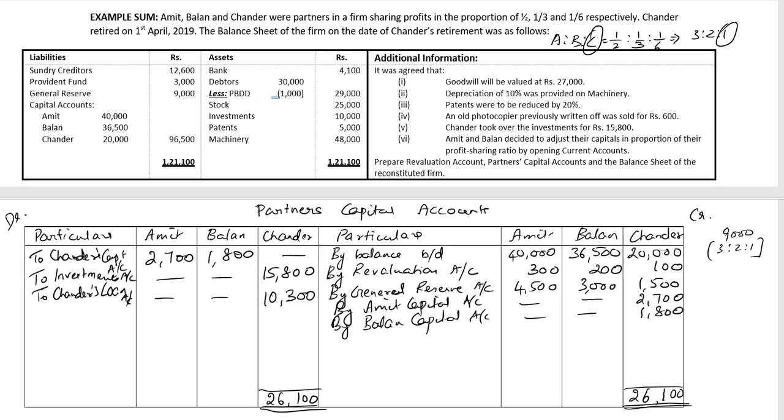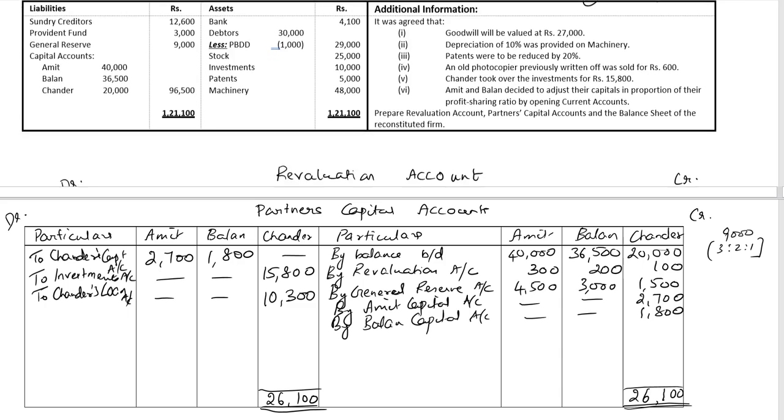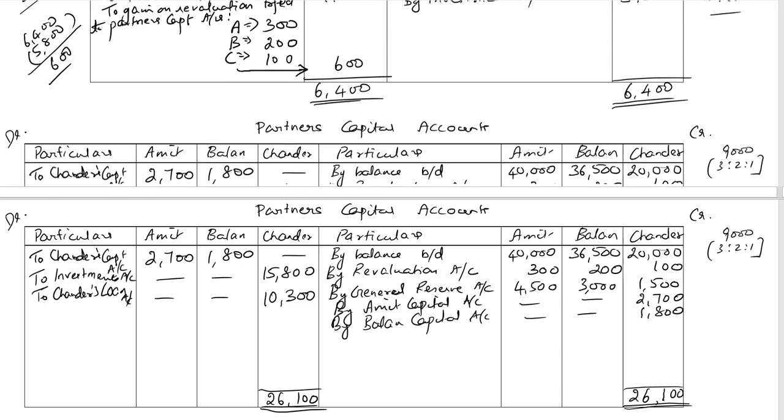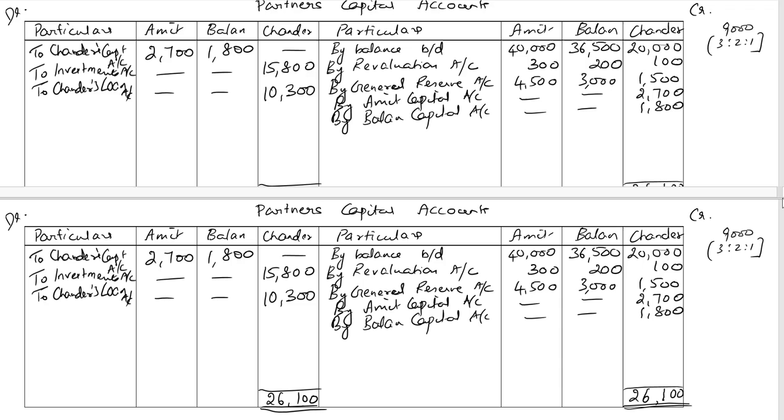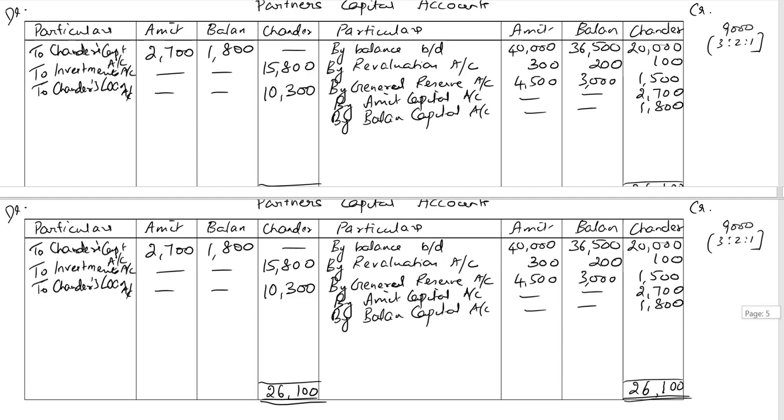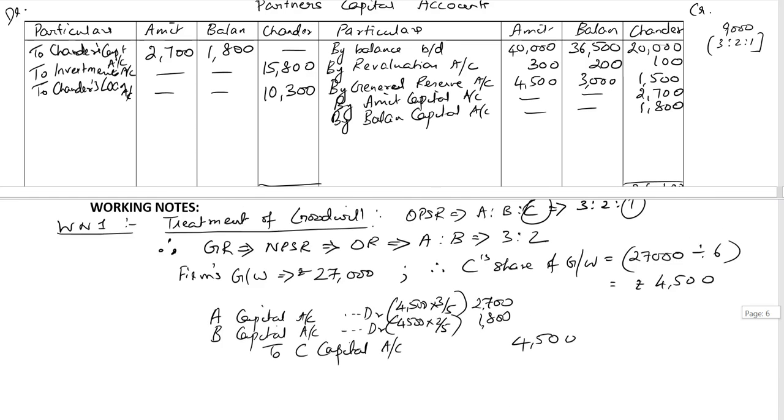Next, let's do the adjustment of capitals. We'll take the partner's capital account to the first half of the screen, and we'll do the working notes for adjustment of capital.